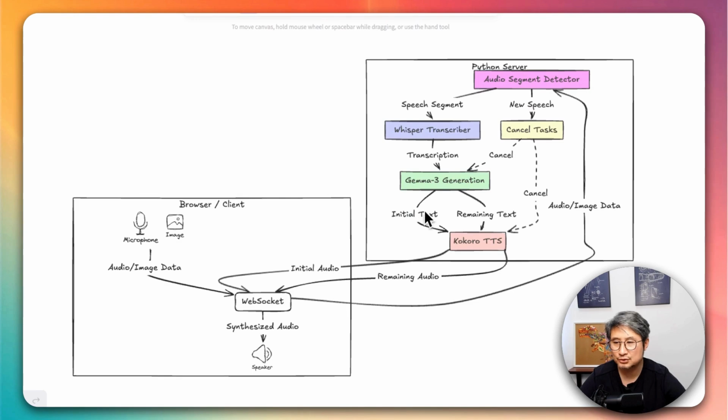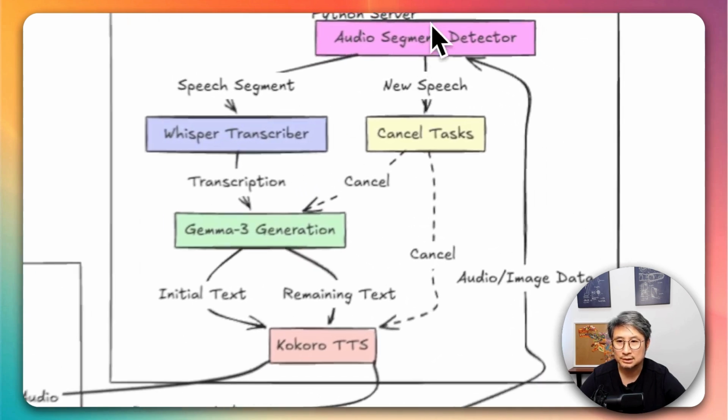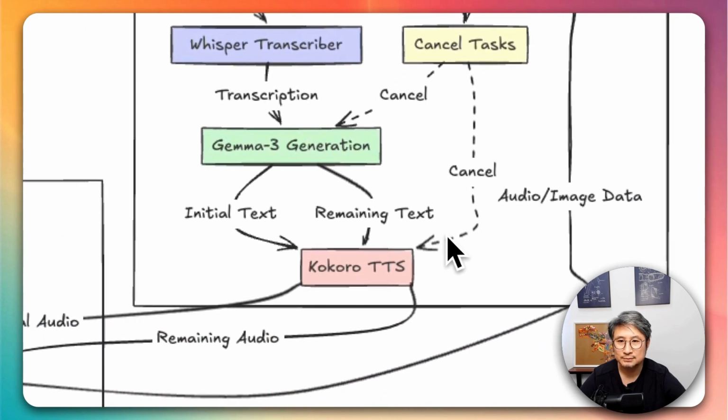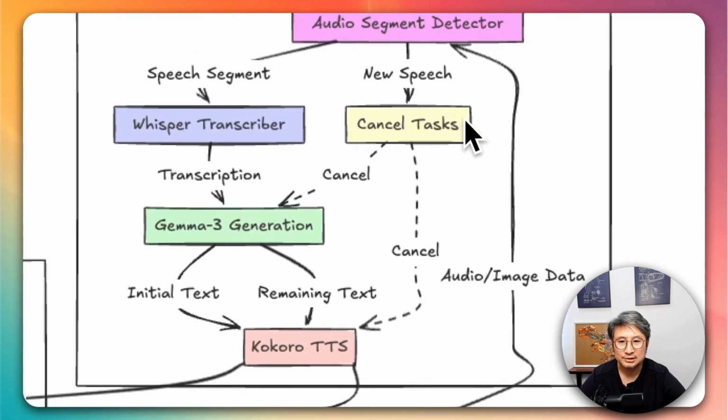For the second challenge, the lack of interruptibility, our solution is to deploy an interrupt handling mechanism to continuously monitor new speech input even during the TTS stage. If new speech is detected, our cancel task is called.